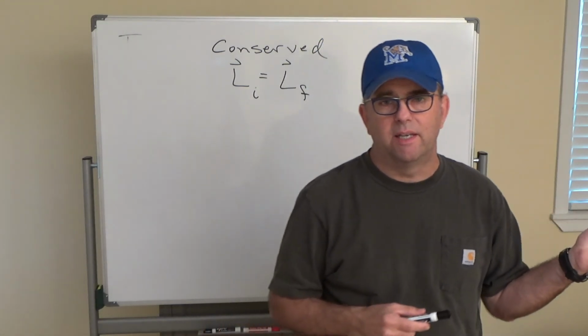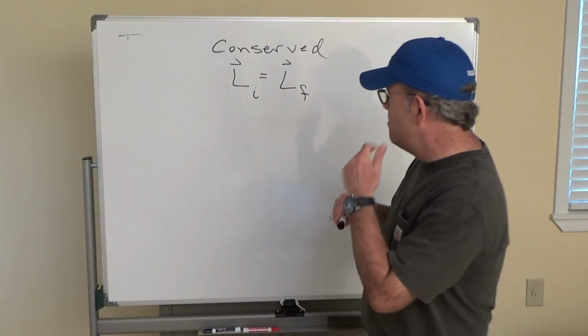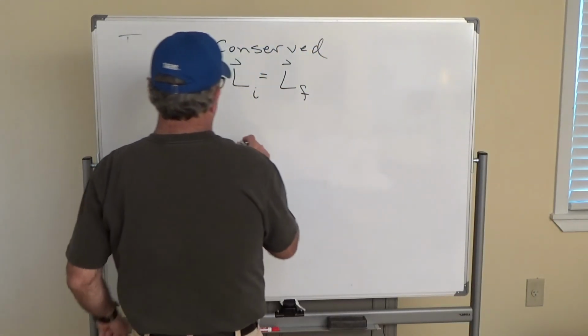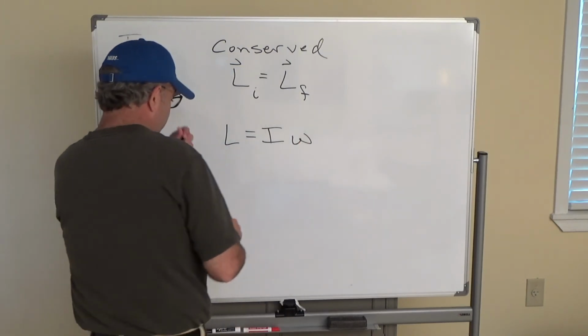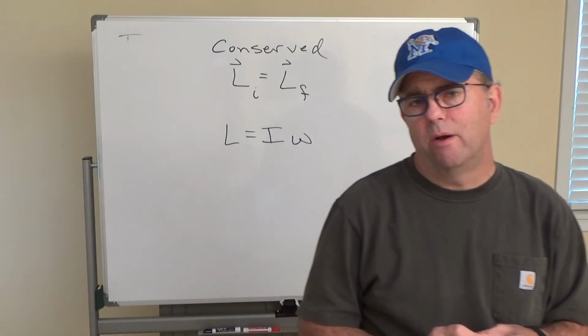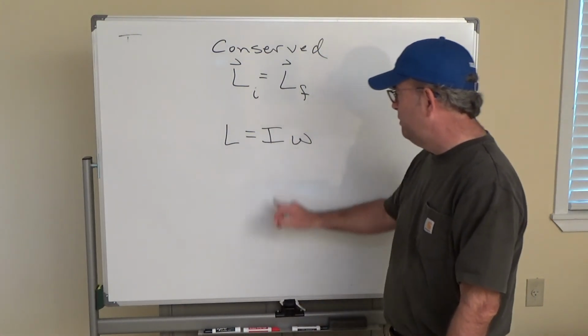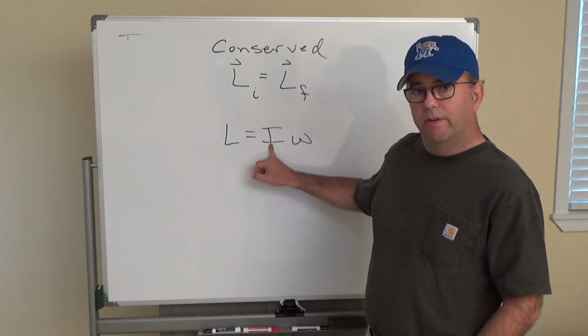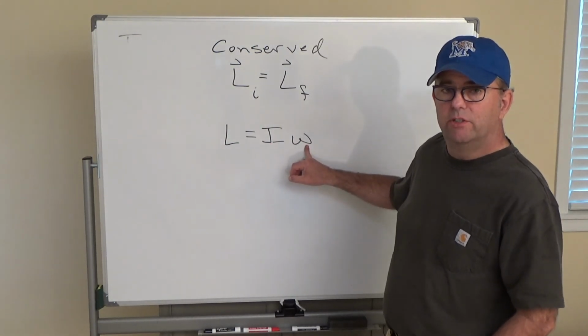The classic example is an ice skater. Remember that L is equal to I omega, so angular momentum can change if the moment of inertia changes or the angular velocity changes.